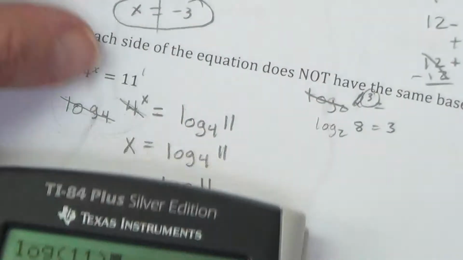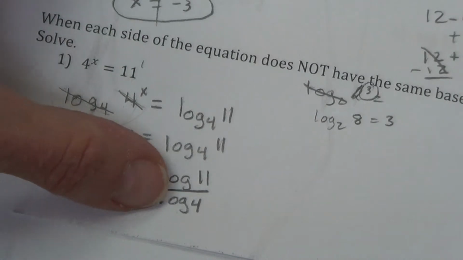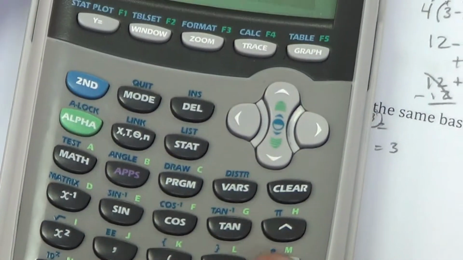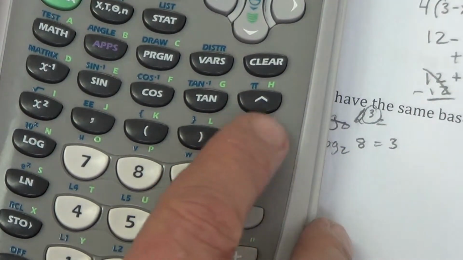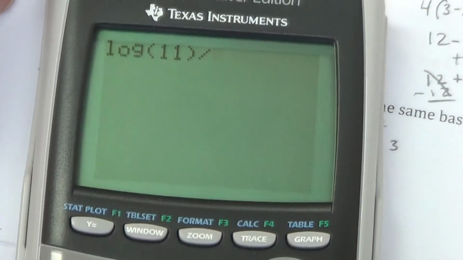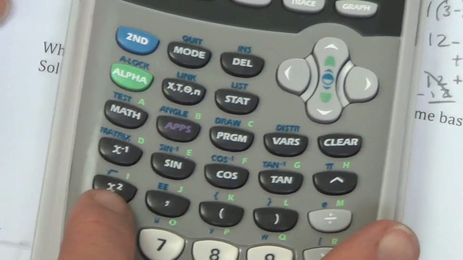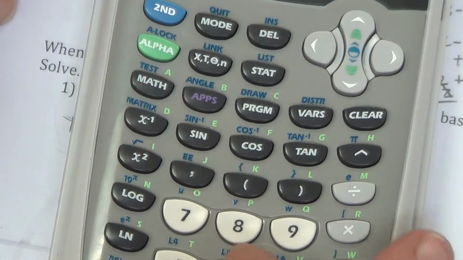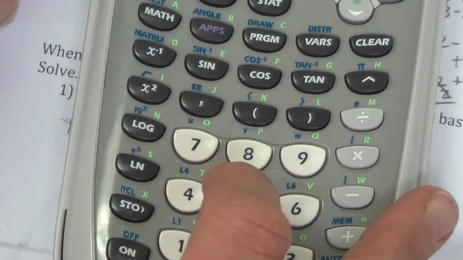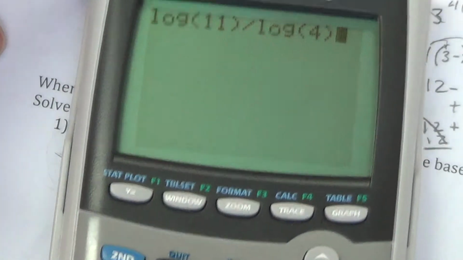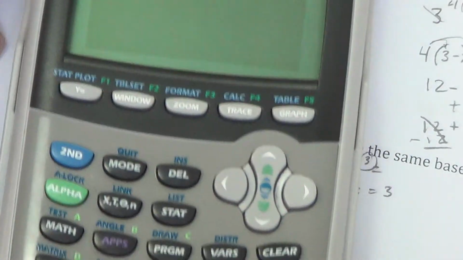Now move on to saying, okay, we want to divide by log 4. So we hit the divide button. And now we go back to log 4, close the parenthesis. There's what we have.